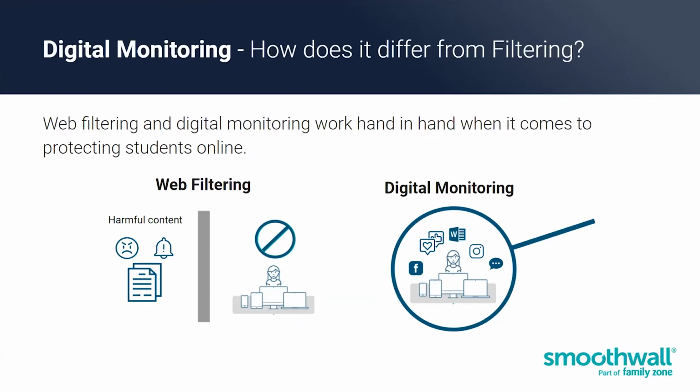So from a KCSIE perspective, from an Ofsted perspective, you must have web filtering in place. But that's only part of the puzzle from a safeguarding perspective, because Ofsted expects schools to be more proactive in the way that they identify these risks, these trends. And that's where digital monitoring comes in.